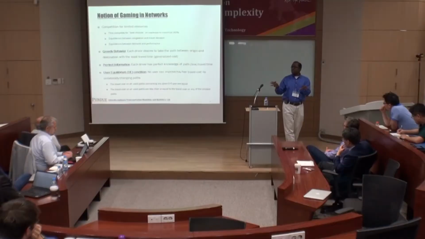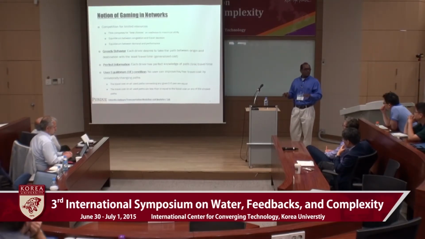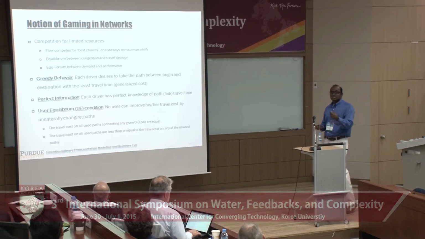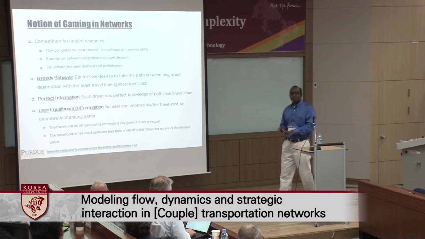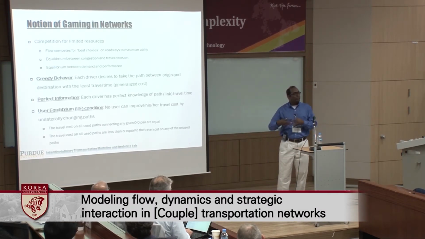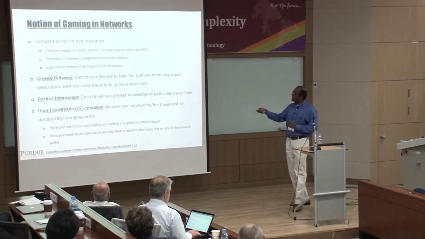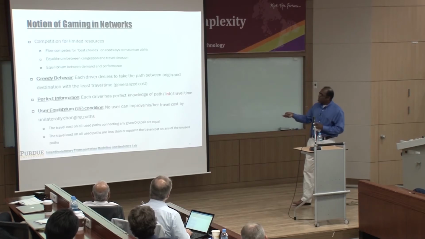And all agents in the network are doing this, right? So everyone is playing a game, they're all making rational, greedy choices in the network under full information, right? And that results in some kind of a network state, okay? So that's the definition of greedy behavior. We have perfect information, right, in the simplest model that we are starting with.